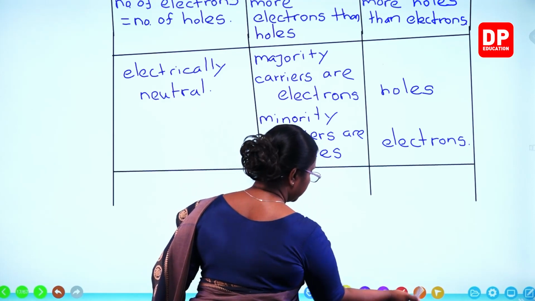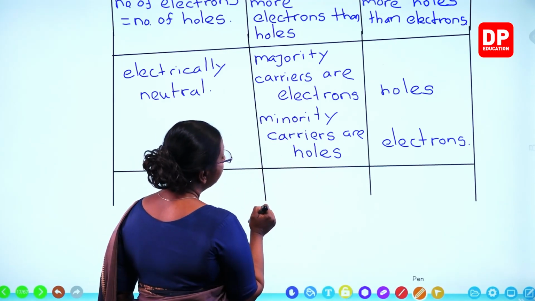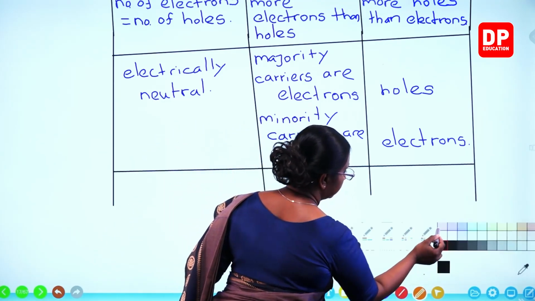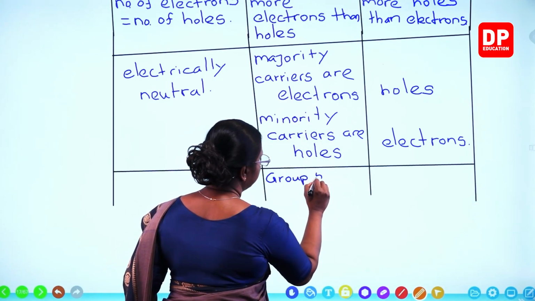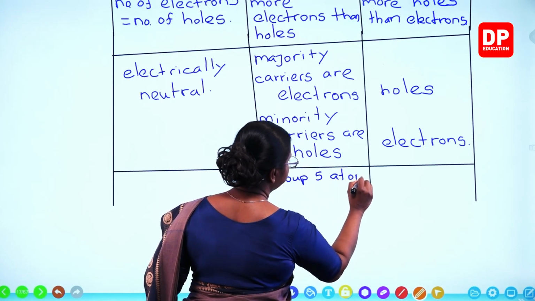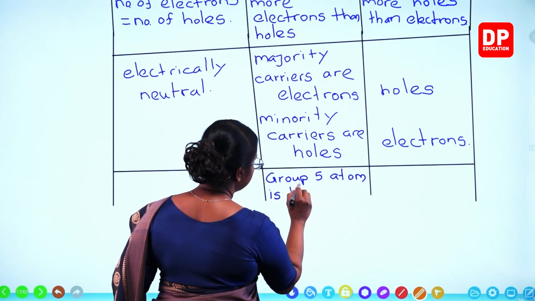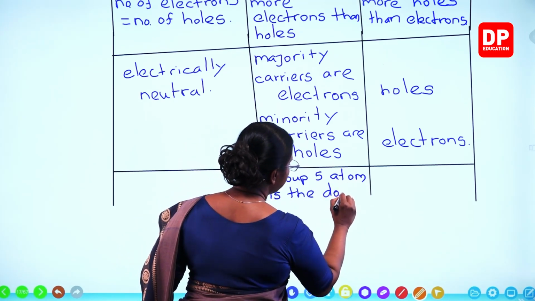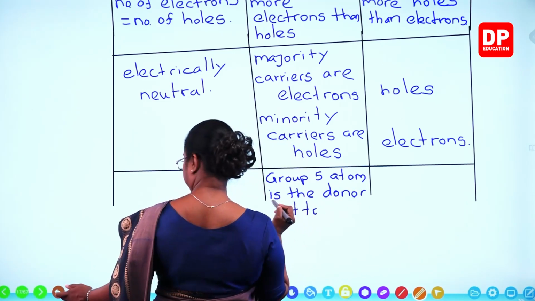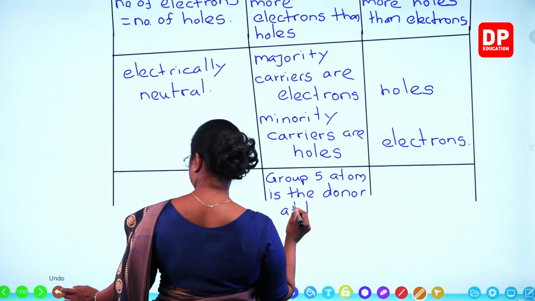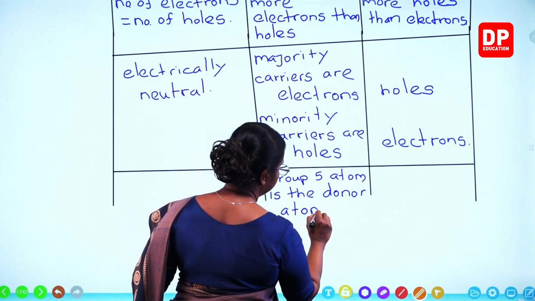Then the last point. Here, the group 5 atom is the donor atom. Donor atom.